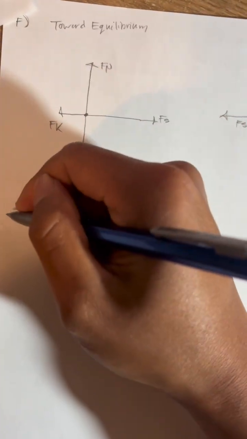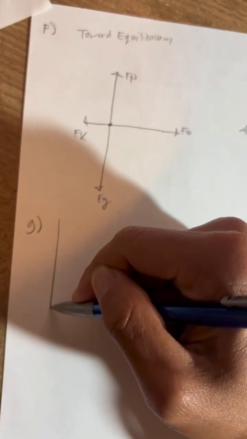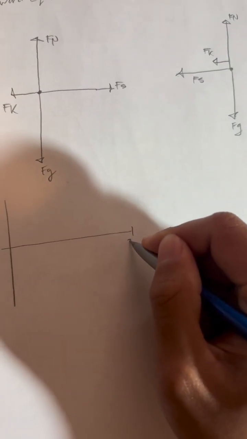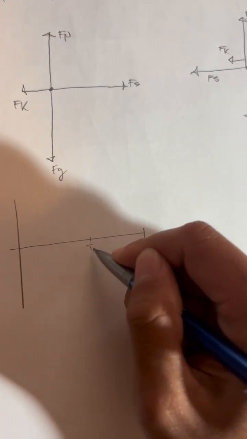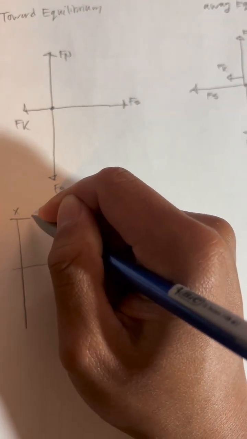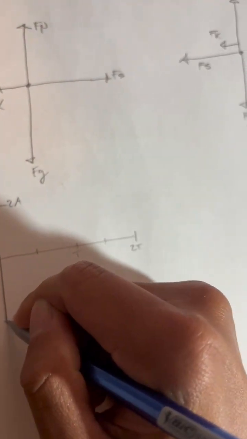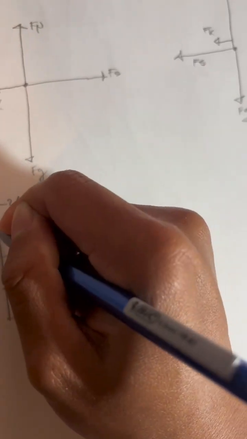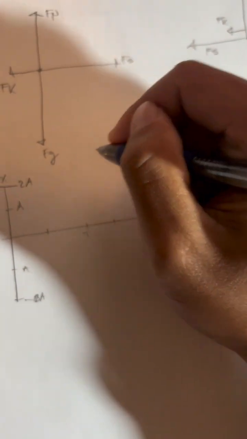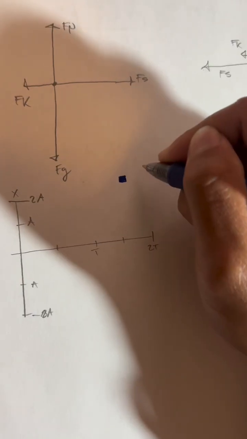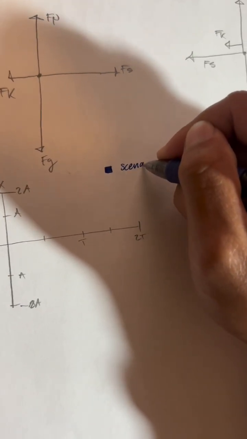All right, for part G, I'm going to draw the graph real quick. And then this is X, this is 2A, this is negative 2A, this is negative A, this is A. Then I'm going to label the blue as scenario 1.